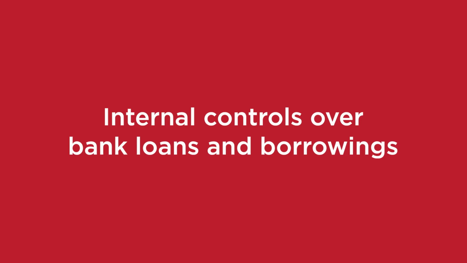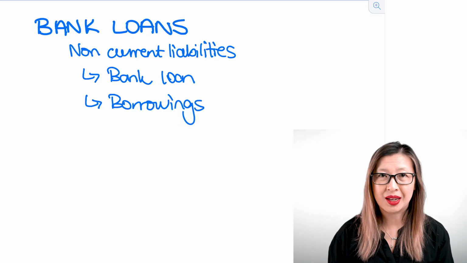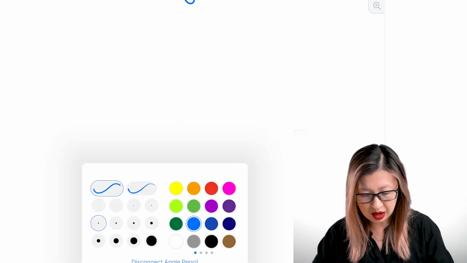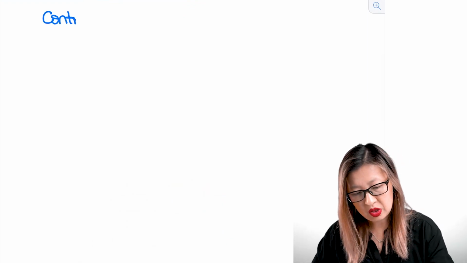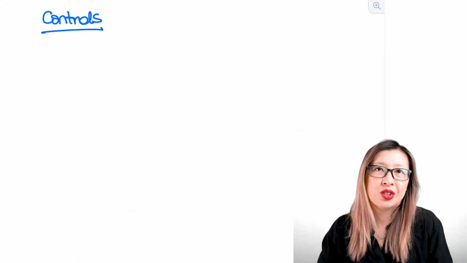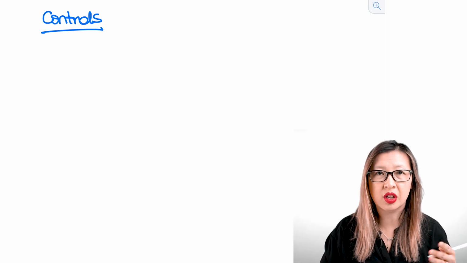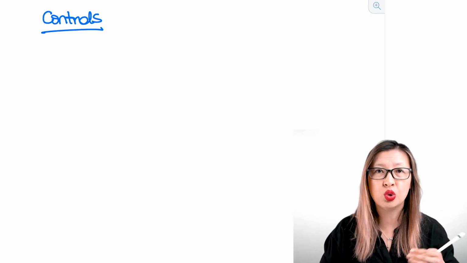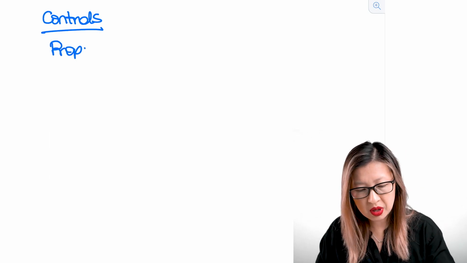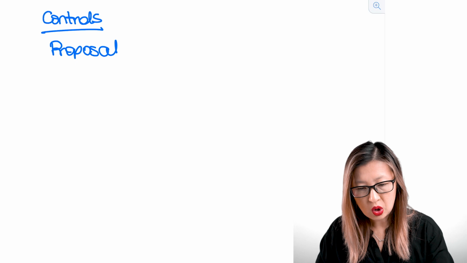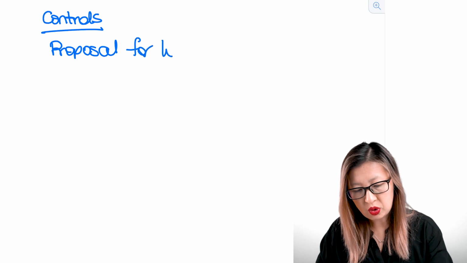So in terms of what controls we would expect to see, there's a certain number of things that we're going to look at. Let's do these in blue. Okay, so I'm going to start by writing the controls. In terms of controls around the loan process, around trying to obtain finance from a loan, there's usually going to need to be some sort of process or a proposal for the loan.